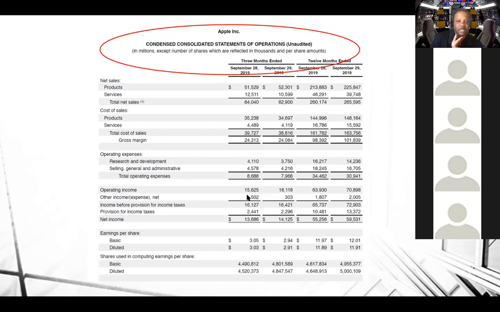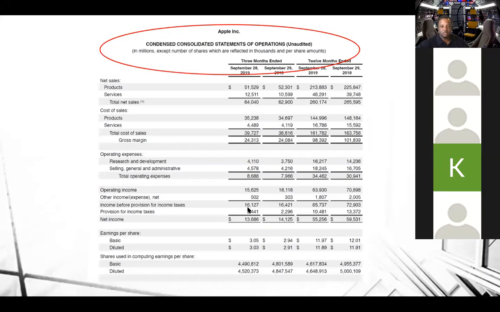Then your operating income plus your non-operating income gives you income before income taxes, minus the income tax, and this is all in millions. So this is $2 billion in income tax expense just for those 3 months, to get to your net income.